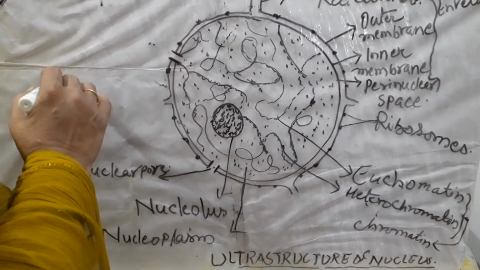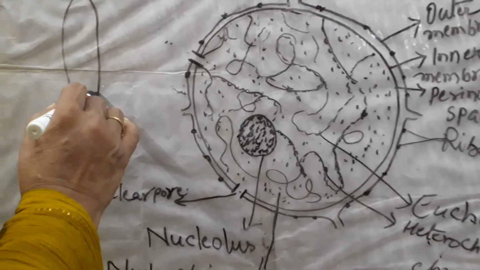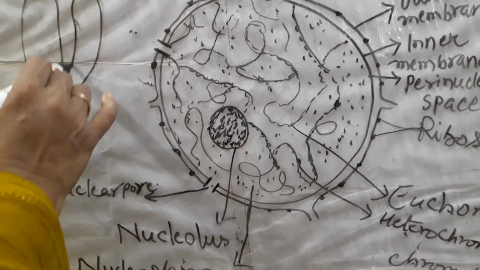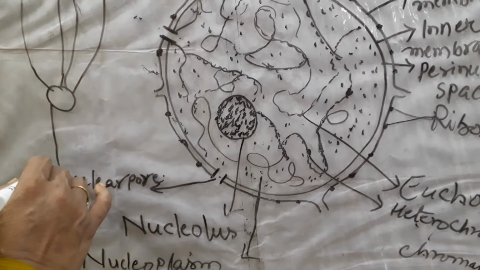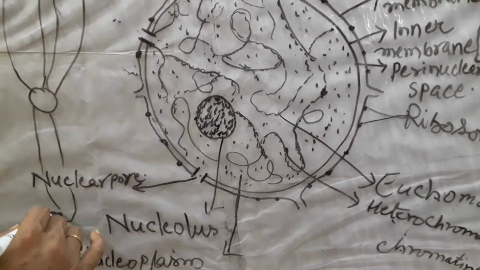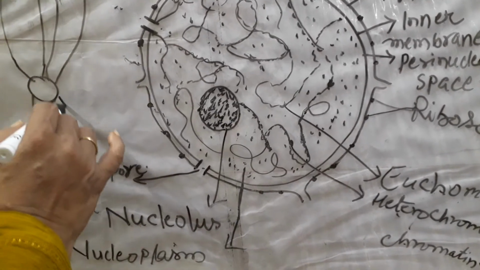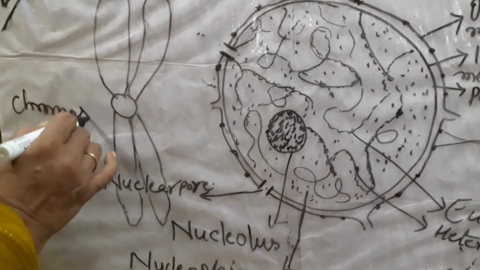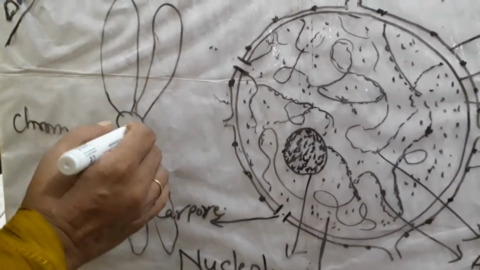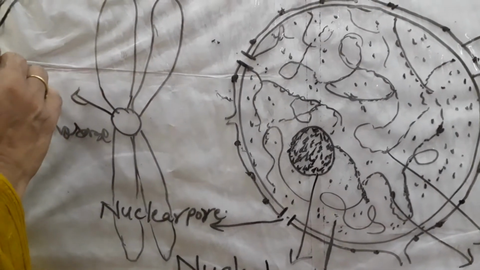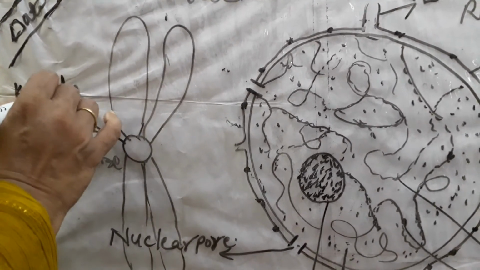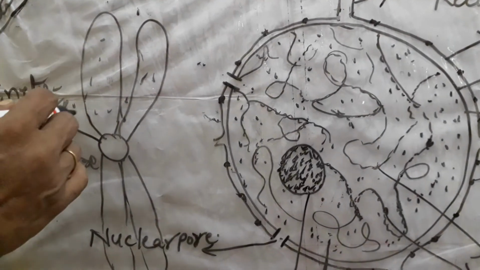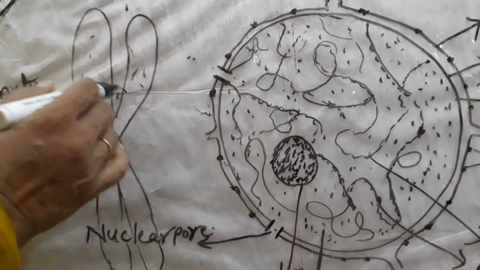So these are the structures of chromosomes, with kinetochore.